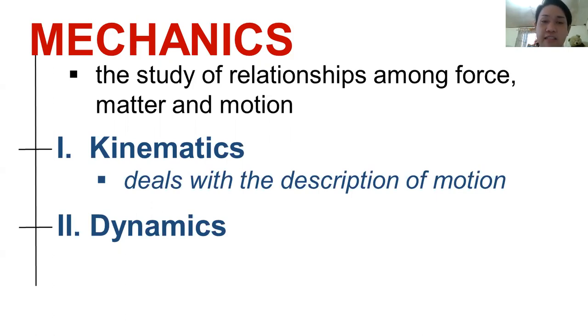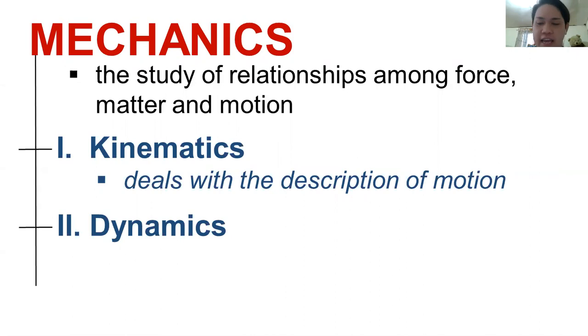That means kinematics is the study of motion without reference to the forces that cause that motion. Meaning to say, it does not explore the cause of the motion. It will only describe the motion.